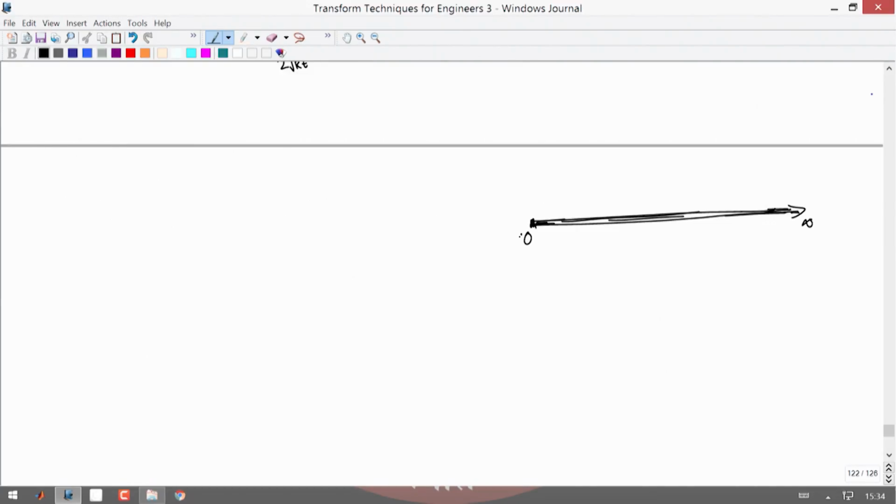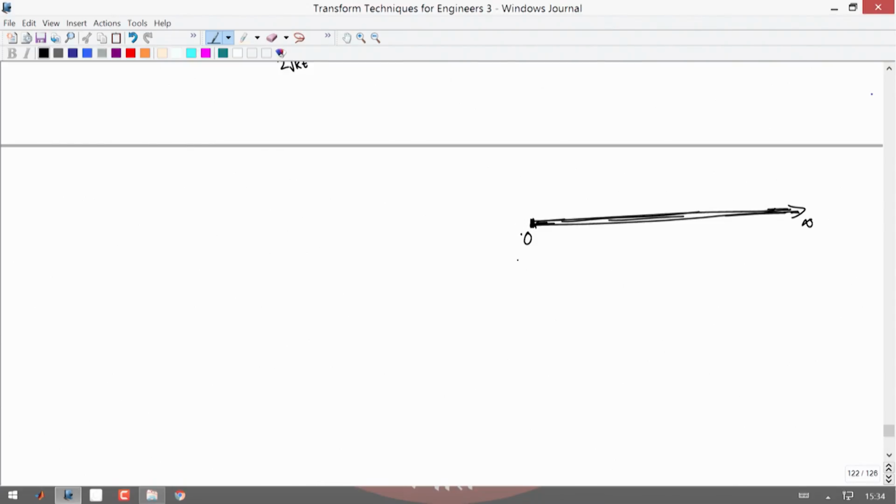You give the rate of flow of heat, not a constant temperature. So at this point some heat is passing from this end to this end. That is a heat flux you allow.